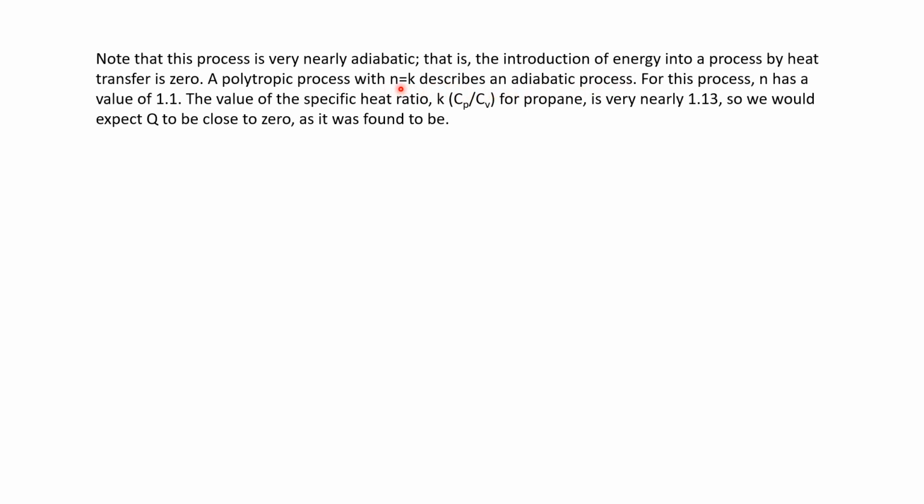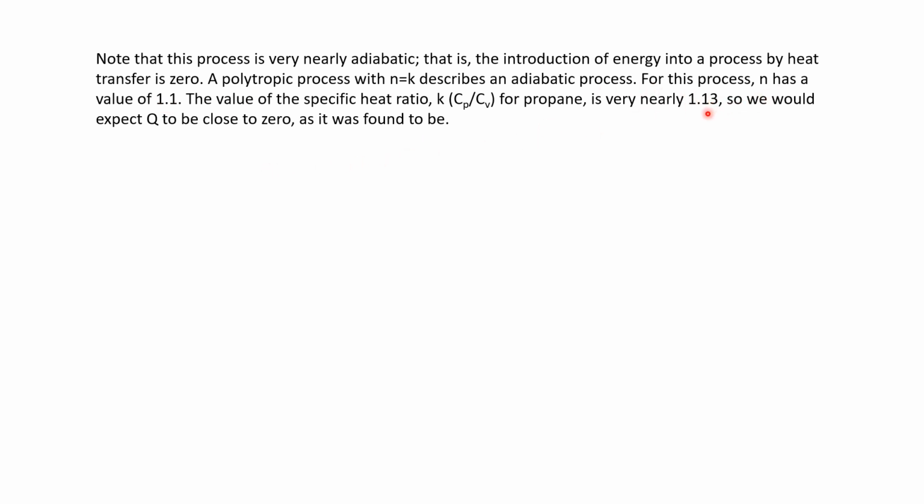We went over this in a previous lesson. Well, what is k? It's just the ratio of specific heats, c sub p over c sub v. And we haven't done specific heats yet. But let me just show you that the value of k for propane during this process is very nearly 1.13. Well, we used the value of 1.1. It's not quite the same, but it's very close.